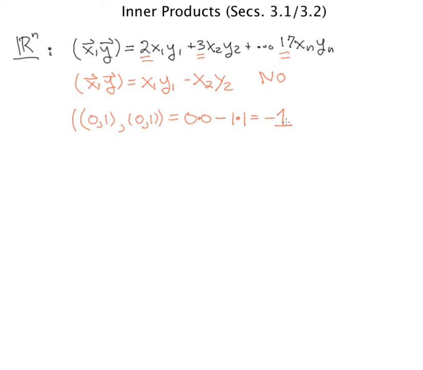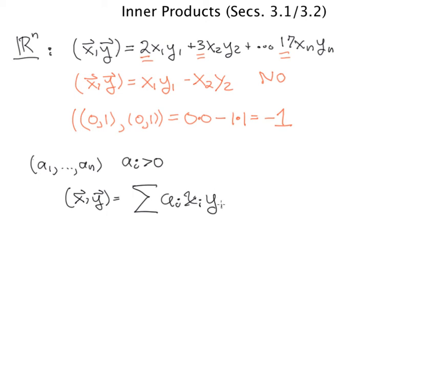So that gives a bunch of examples where you take any n numbers a1 through an, where the ai's are greater than 0, and corresponding to that, (x, y) is the summation of ai xi yi.